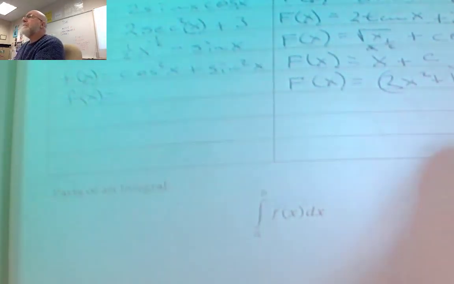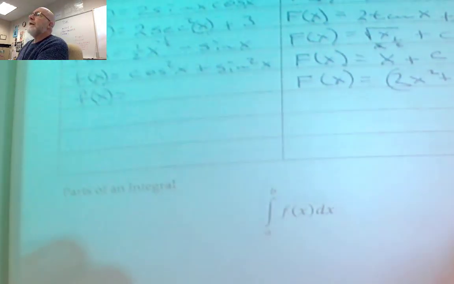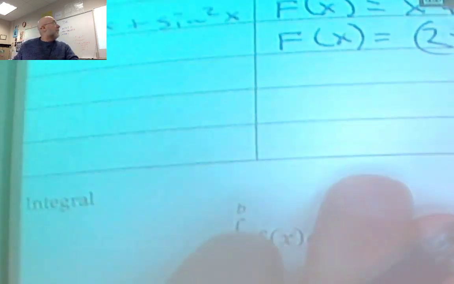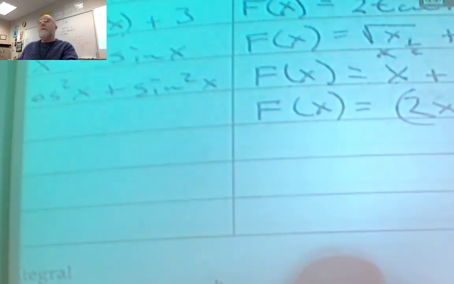So Gabby, you got to give me the derivative. That's a 15, isn't it? Does it not look like a 15? I need to make it bigger? Does it look like a 15 now? Okay.